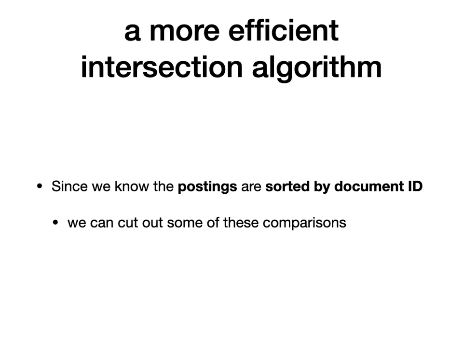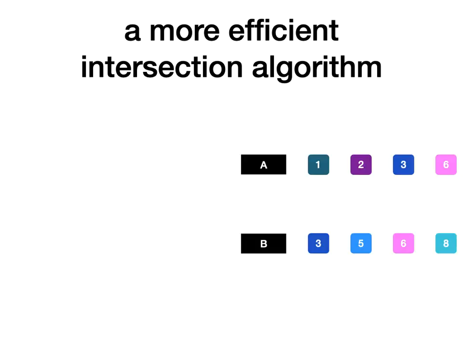Let's talk about it. So we know that these postings are all sorted bottom to top by document ID. It actually wouldn't matter. They could be sorted in the opposite direction. As long as they're sorted in one direction or another, it matters. So we can cut out some of these comparisons, and I'll show you how. So consider this logic.